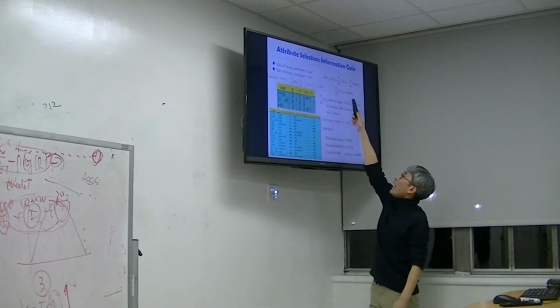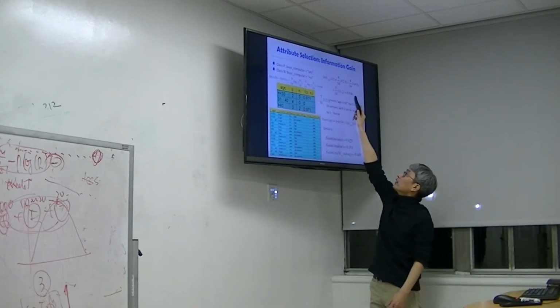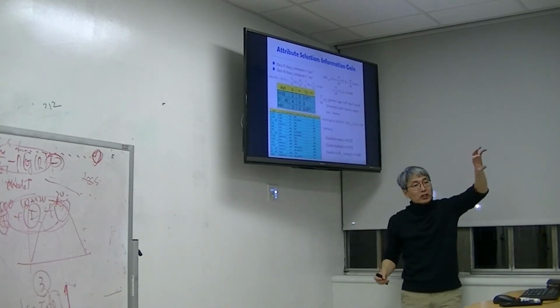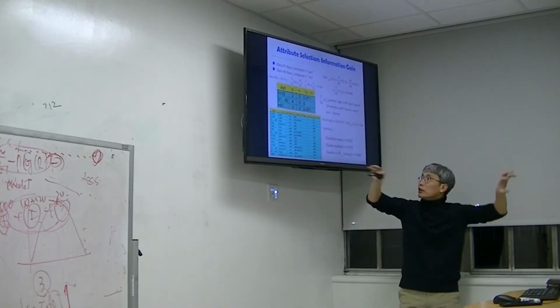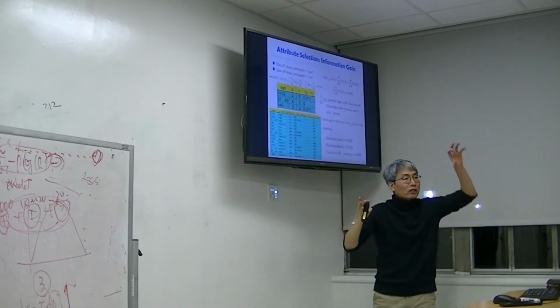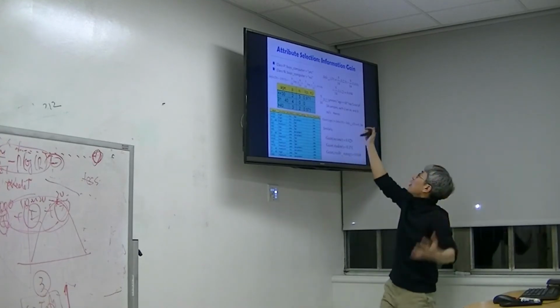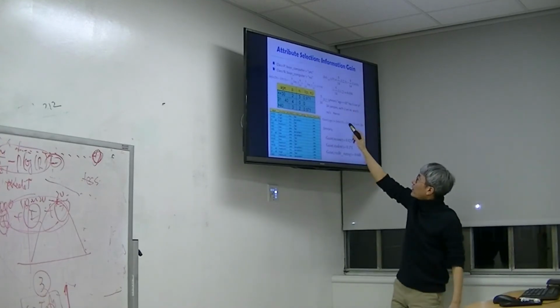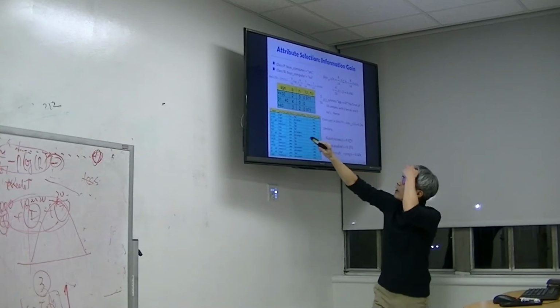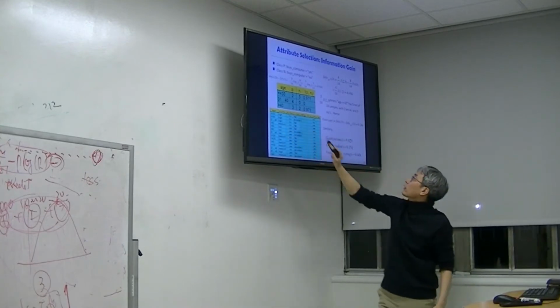Then for age, we can separate the data into groups by age, calculate the entropy, and sum up. That is 0.6. And similarly, we can do income, student, and credit rating.